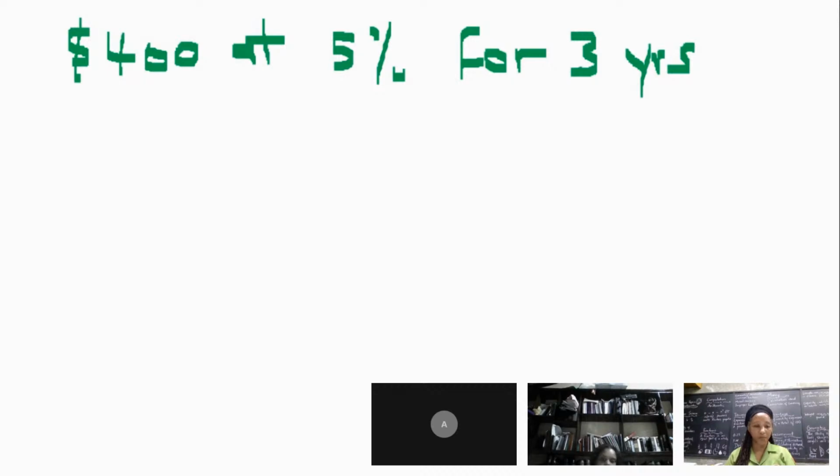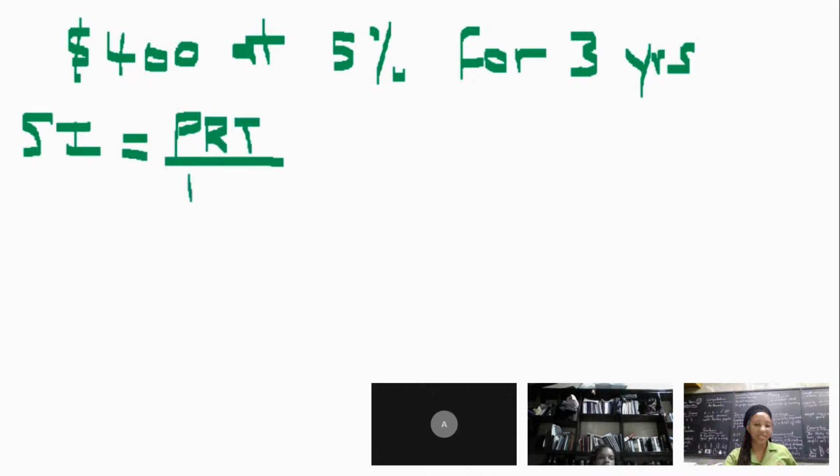Miss, the simple interest would be the principal times the rate times time. Let me just quickly write the formula. Principal times rate times time over 100.